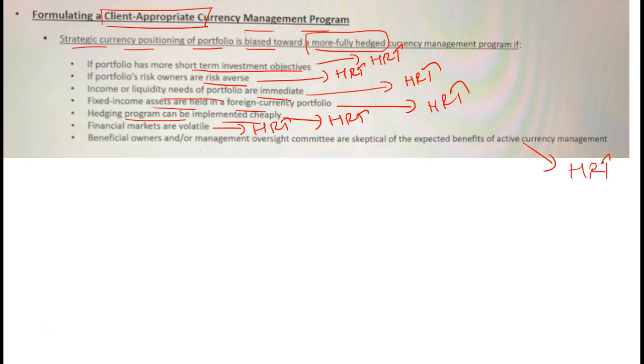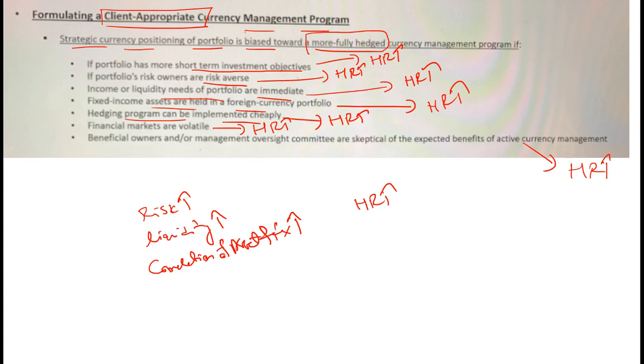So this is how you decide whether the hedge ratio should be high or low. Simply speaking, if risk is high, then you take a high hedge ratio. If liquidity needs are high, then you take a high hedge ratio. If the correlation of asset and FX movement is high, then you keep a high hedge ratio.